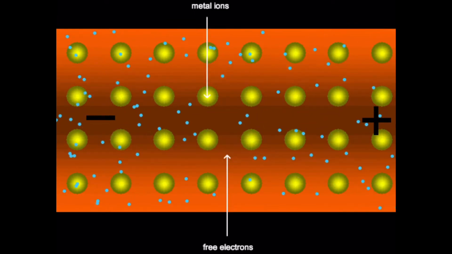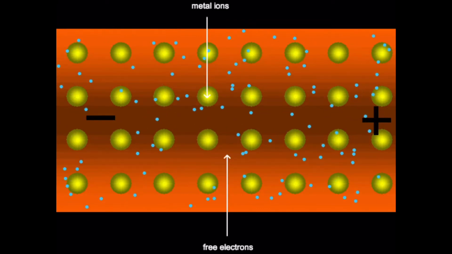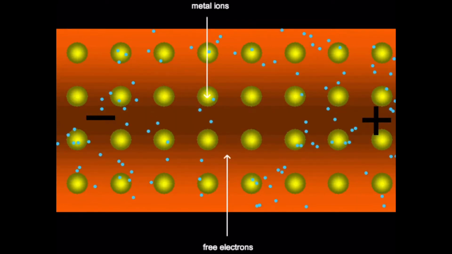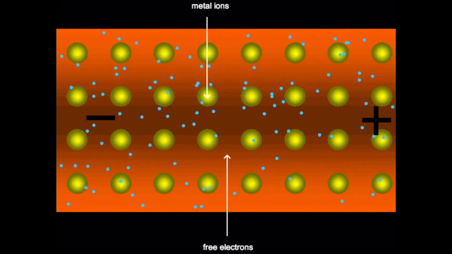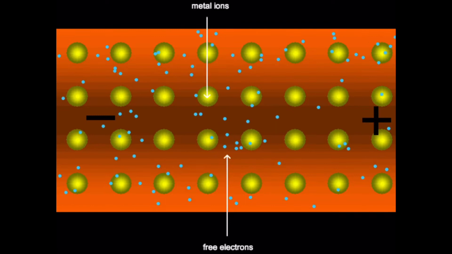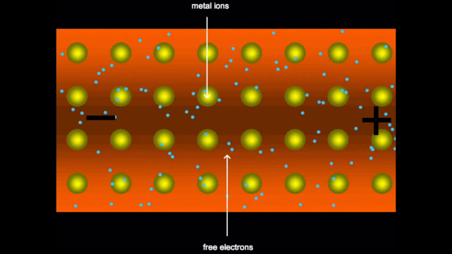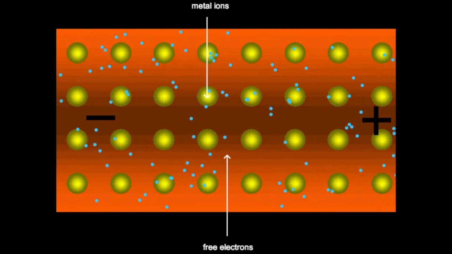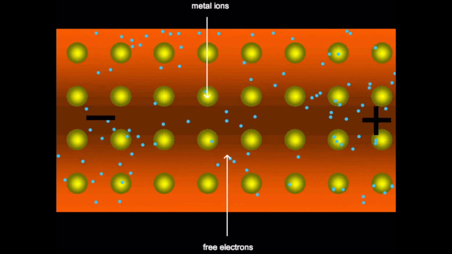You can see they group together in certain regions in more concentration, but the main point is that they're free delocalized electrons which are able to move to some extent. It's not that the electrons are held in a fixed position. They are able to move and they're free.